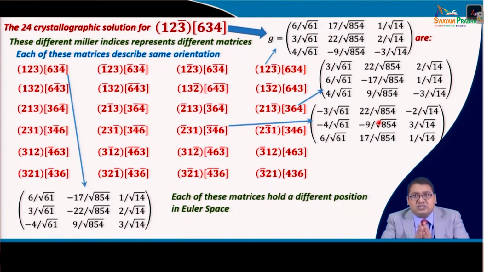It will occur the same for the hexagonal and the orthorhombic symmetry systems, but for hexagonal it will be 12 crystallographic solutions, for orthorhombic it will be only 4 crystallographic solutions.